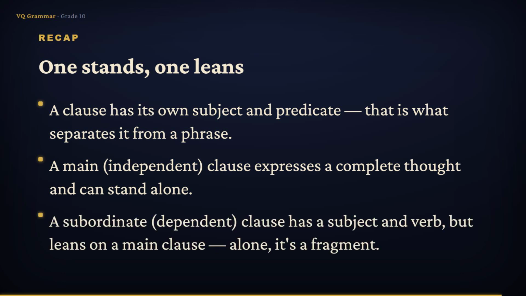A subordinate clause, also called a dependent clause, has a subject and a verb too, but a signal word, a because, an although, a who, leaves the thought unfinished, so it leans on a main clause to make sense. And if you ever set one down by itself, you have written a fragment.